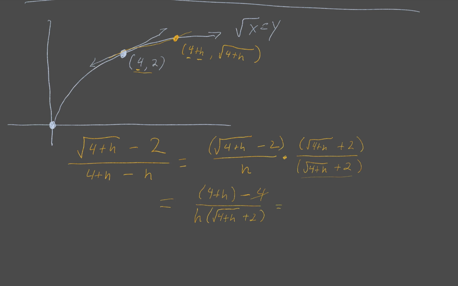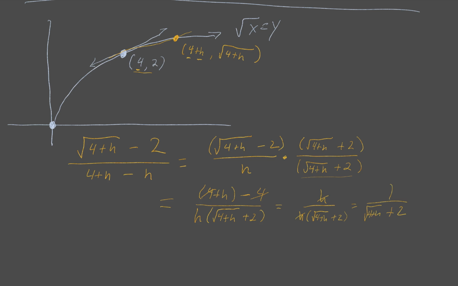That's kind of nice because now this plus 4 and this minus 4 cancel, and I'm left with h over h times the square root of 4 plus h plus 2. The h's cancel. I've got 1 over the square root of 4 plus h plus 2.